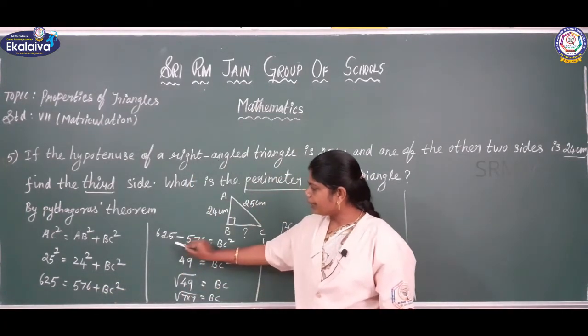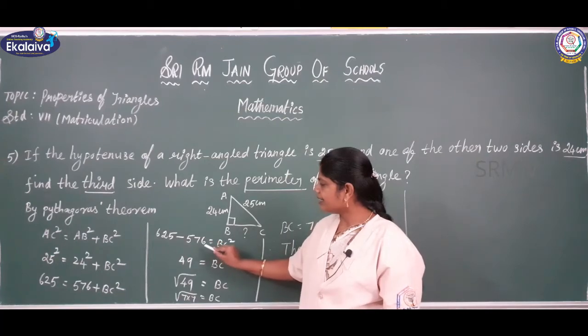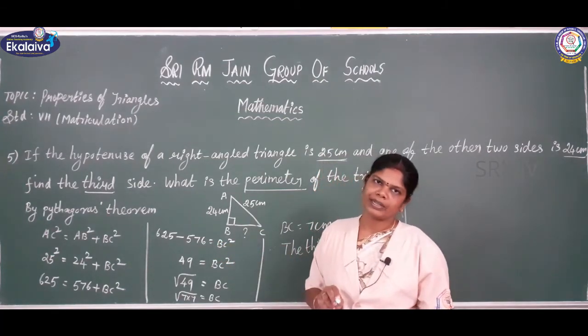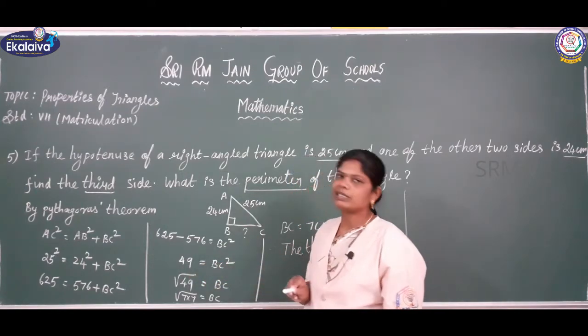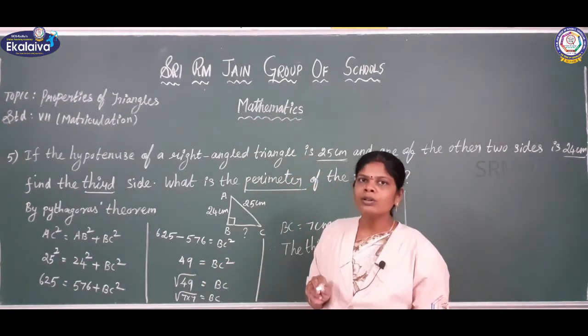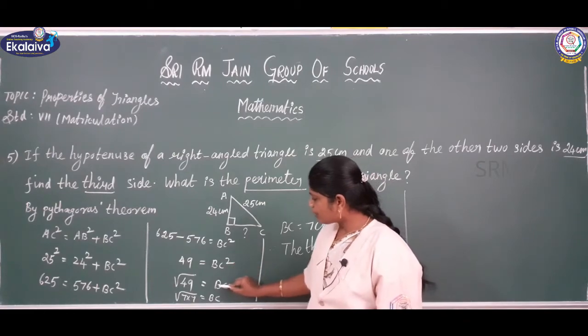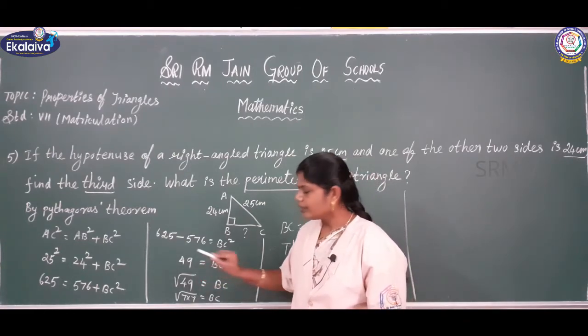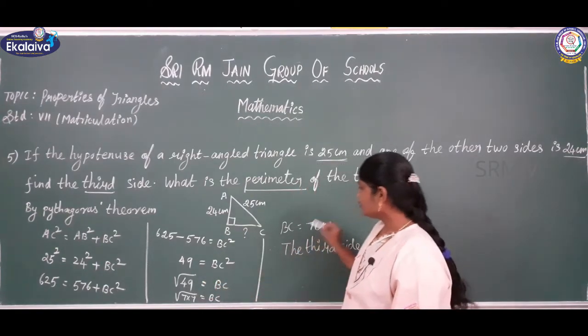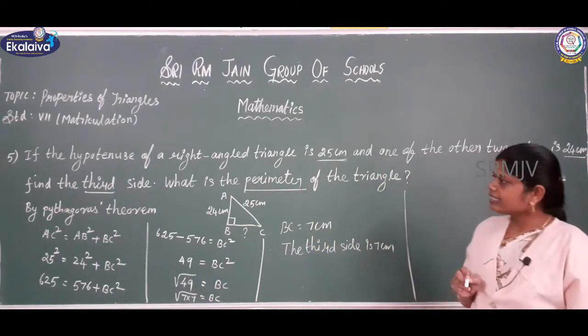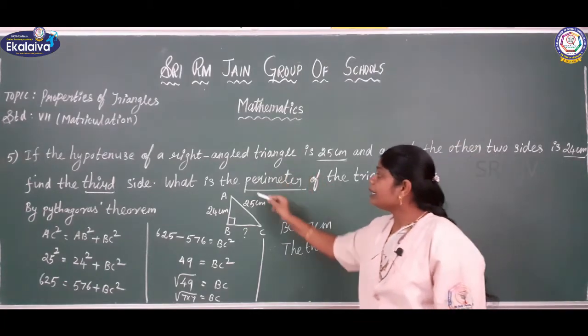Then 625 minus 576 equal to BC square. When we subtract this what are you getting? 49 equal to BC square. But we want to know the BC value. So BC equal to, the square will change to square root of 49. So what are you getting? 7 centimeter. Next we need to find out the perimeter.